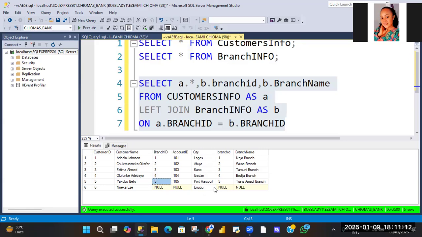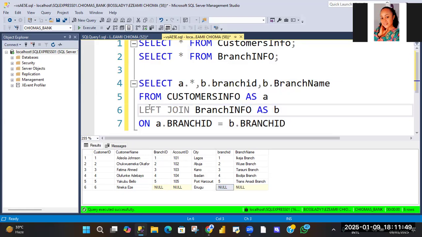What it means is that basically none of the customers opened an account in branch ID 6. All right, so that's why, because what we said earlier is that when there's no matching row, it's going to return null. That's why we're having null here, because we don't have any customer that opened an account at branch ID 6. But we got all the information from customer info. So this is what left join is doing.